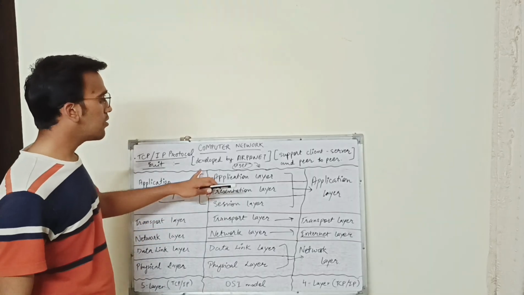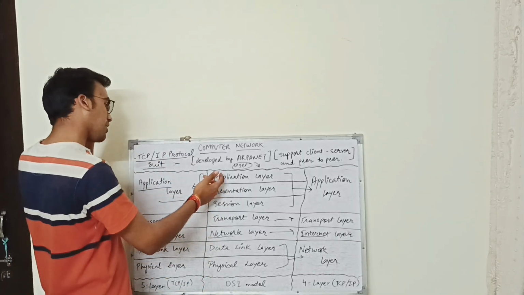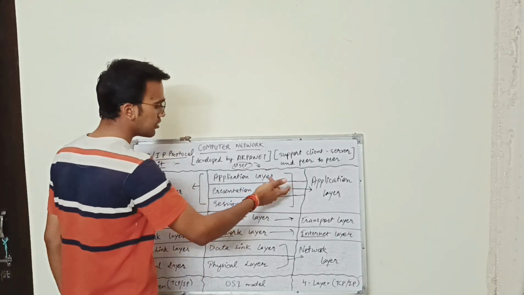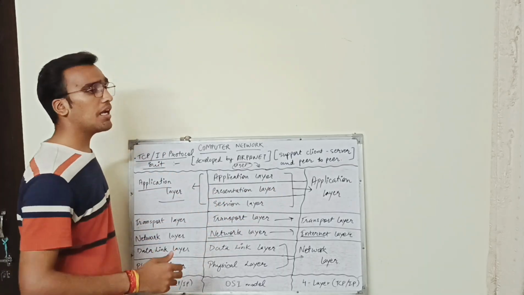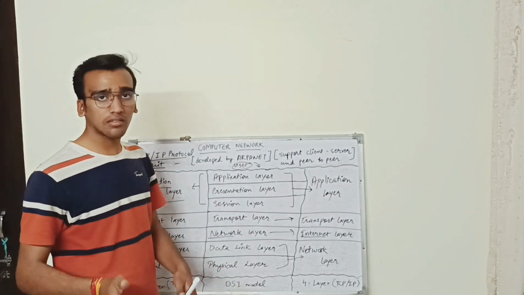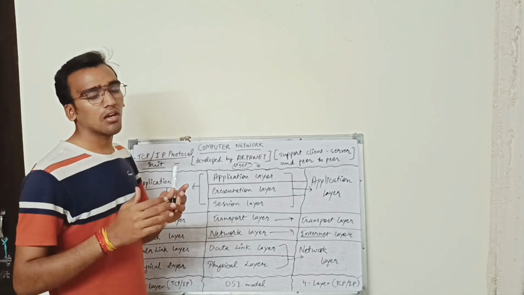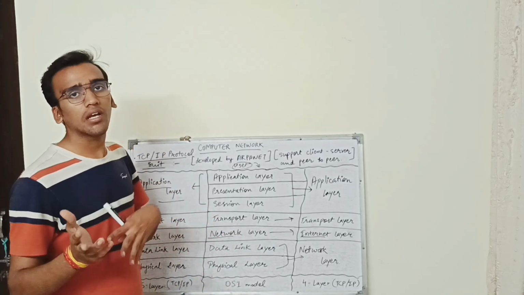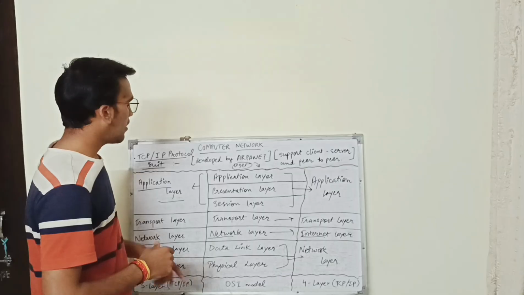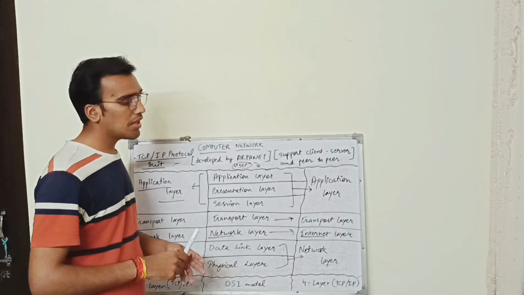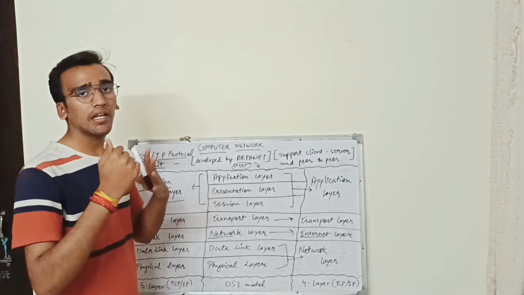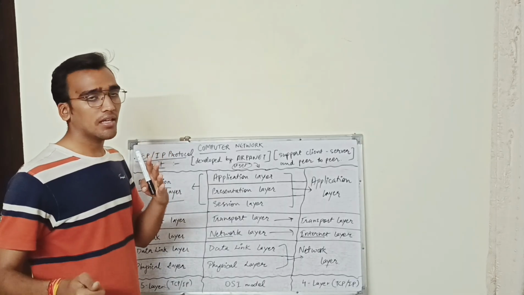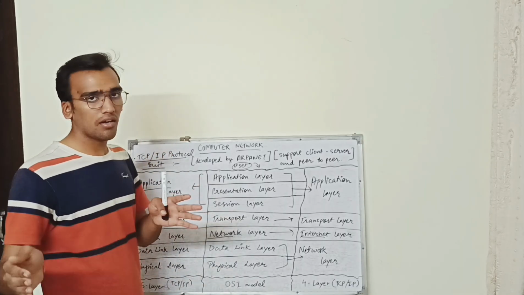First the data goes to the application layer, then to the presentation layer, which develops an encoding system using encryption and decryption methods. Then the work of the session layer is to create and maintain sessions during data transmission.